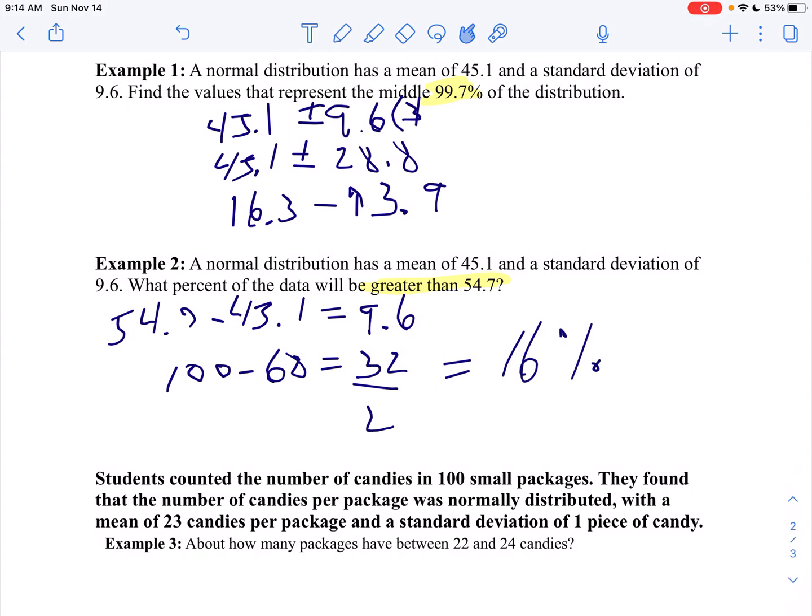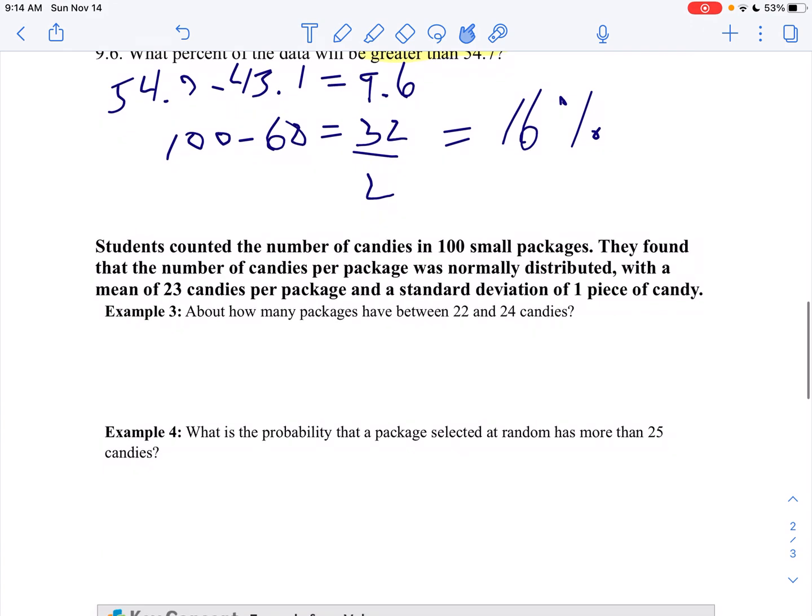Let's take a look at another question here. It says students counted the number of candles in 100 small packages. They found that the number of candles per package was normally distributed with a mean of 23 candles per package and a standard deviation of 1 piece of candy. Let's say candies, not candles.